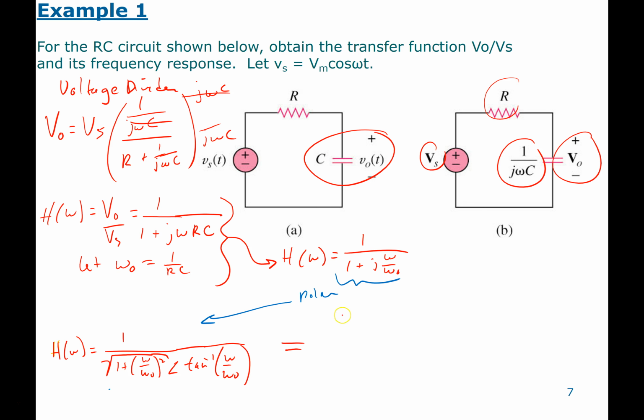So the overall thing is that you have a magnitude of 1 over the square root of 1 plus omega over omega 0 squared, and a phase angle of minus, because we're going to move that back up to the top, arctangent of omega over omega 0.